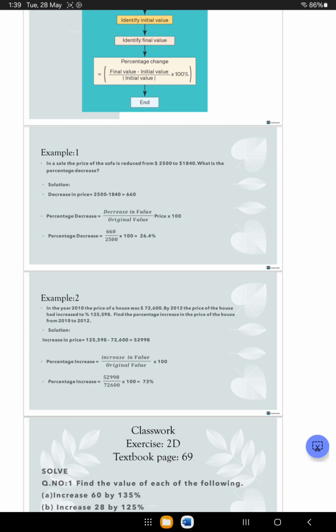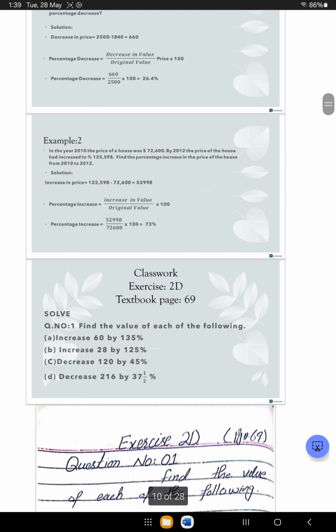We subtract them. 2500 minus 1840, answer is 660. Percentage decrease is decrease in value divided by original value times 100. Decrease value is 660 divided by 2500 times 100. Percentage decrease is equal to 26.4.